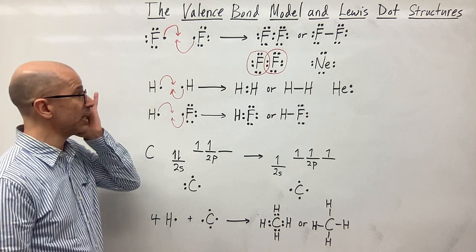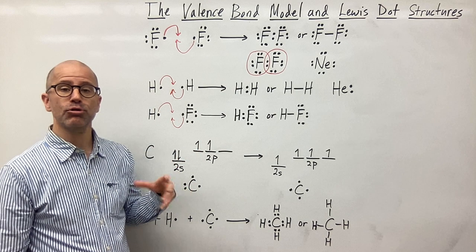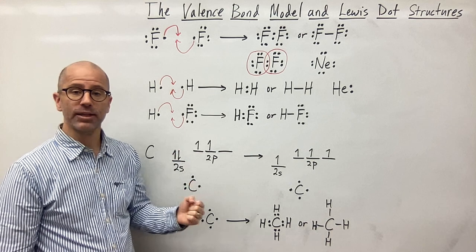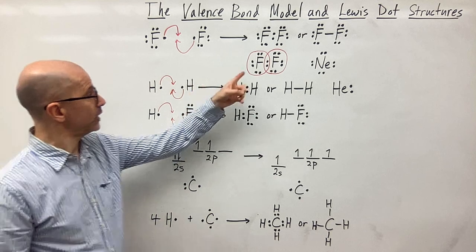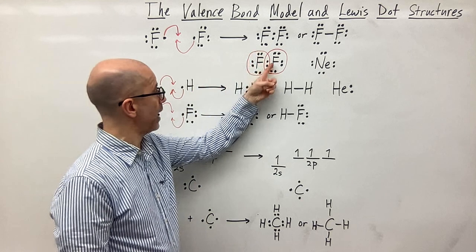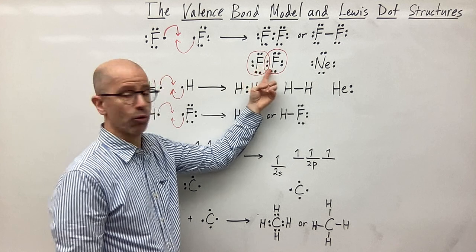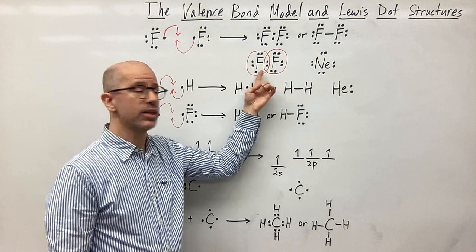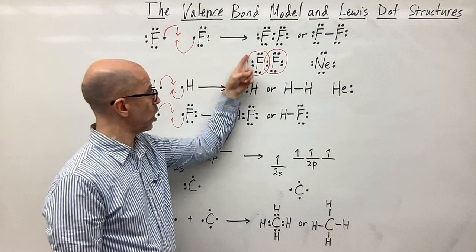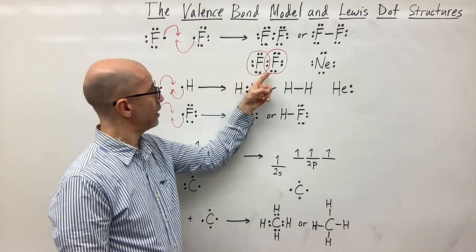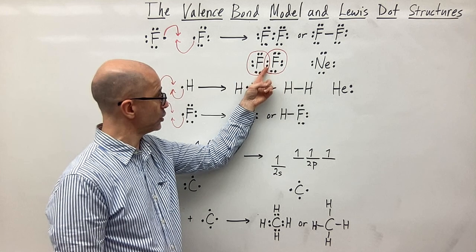And so the idea here is that, again, all atoms want to react in order to get a full shell, in this case, an octet. The octet rule applies. So notice that this fluorine now has an octet. So these 2 electrons here are shared between the two fluorines. So this pair of electrons belongs to both. These 3 lone pairs belong only to this fluorine, but these 2 are shared.